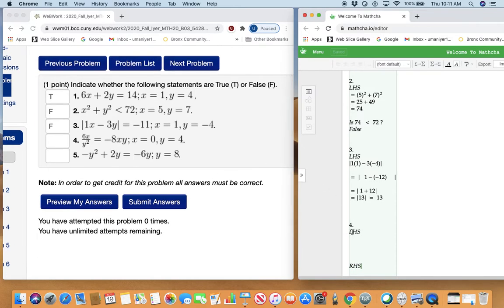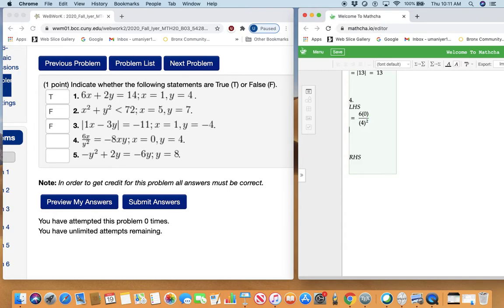I need to evaluate the left hand side and right hand side separately. Left hand side is a fraction: 6 times variable over variable power 2. X is 0. Y is 4.